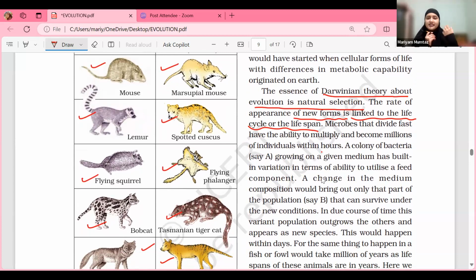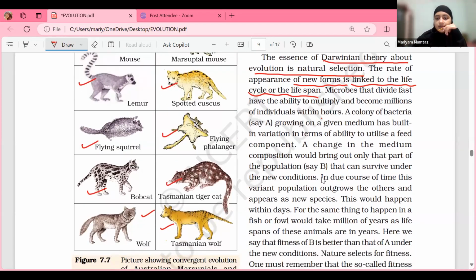Since they multiply faster, they would use up all the nutrients given to them. And apart from that, a change in the medium composition would bring out only the part of the population, say B, that can actually survive under that condition. Meaning they are adapting to the new condition and surviving under that, right? So we can say that in this time period, one population would grow and one population would not.